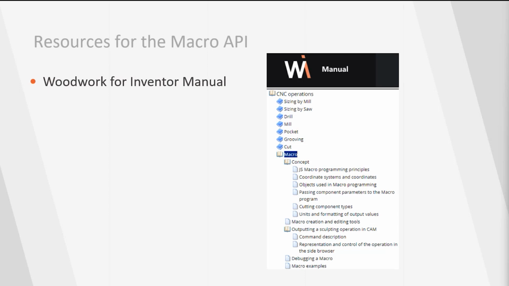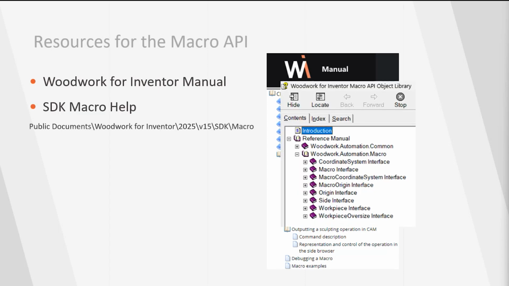Resources of macro API. First, it is Woodwork for Inventor manual. It is the primary source of knowledge for gaining a basic understanding of how the command works. Second is the SDK macro help.